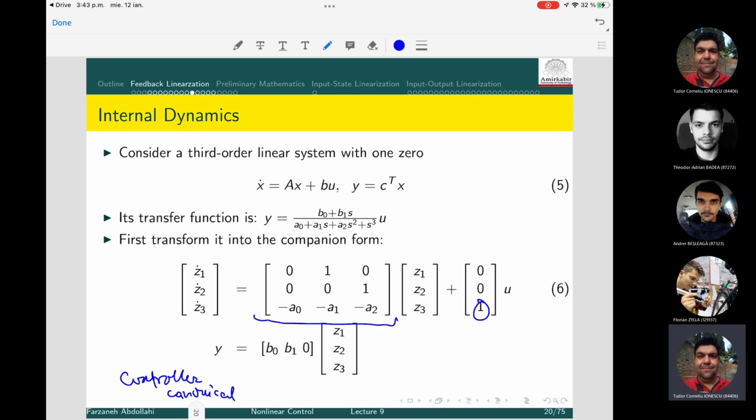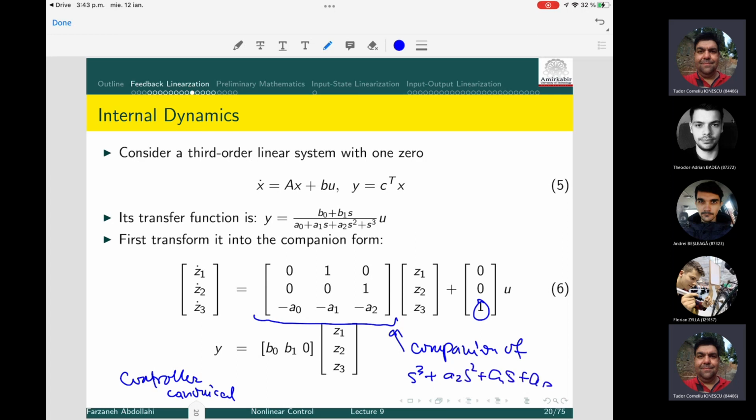Okay, so this is companion. It's not unique. Companion of s to the power 3 plus a2 s^2 plus a1 s plus a0. Okay, this matrix. So this is controller canonical form.